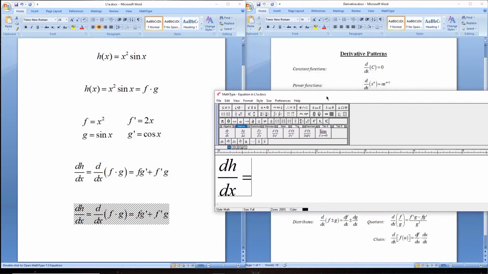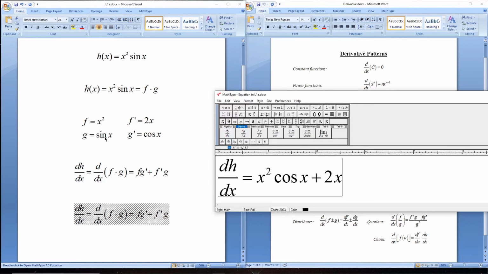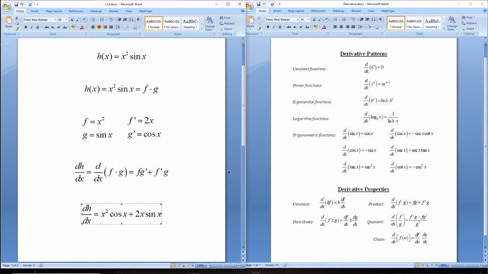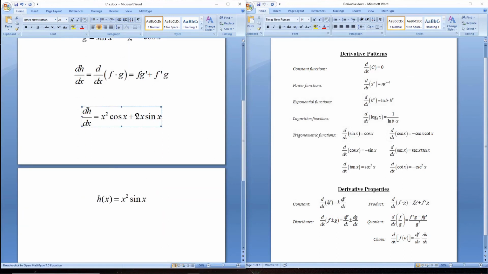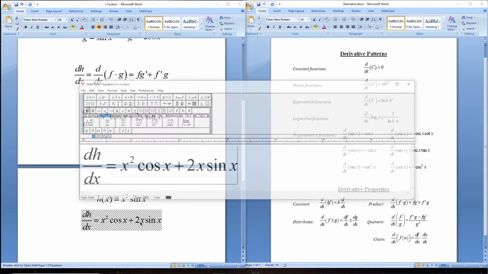So we're saying the derivative of h is f, which is x squared, times the derivative of g, which is cosine x, plus the derivative of f, which is 2x, times g, which is sine x. And that's our answer. So here is our function, and here is the derivative.